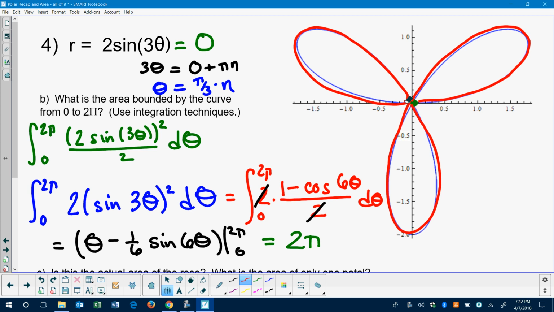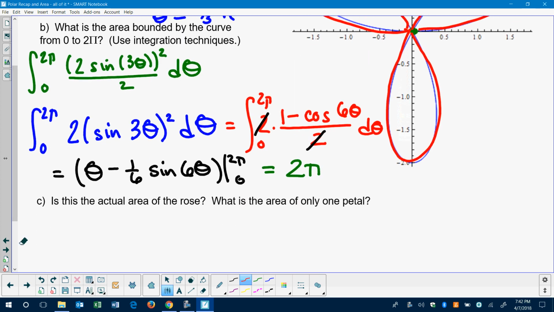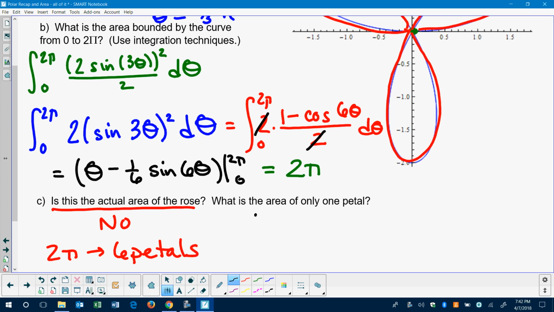So each loop is figured out by a pi over 3 section, starting from 0. So the actual area of the rose is not going to be 2 pi, because 2 pi is actually 6 petals' worth, and we have a graph that has 3 petals. So to get just 1 petal, I'm going to change this to have bounds of 0 and pi over 3 on my formula.